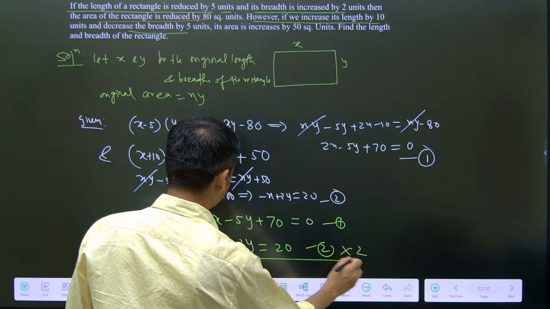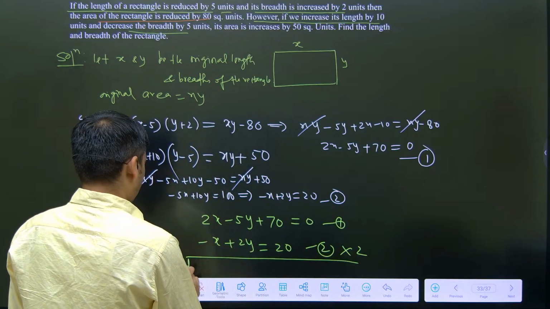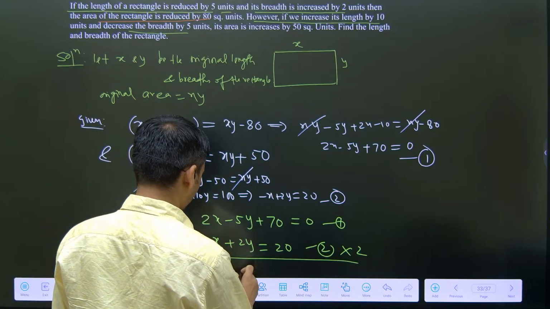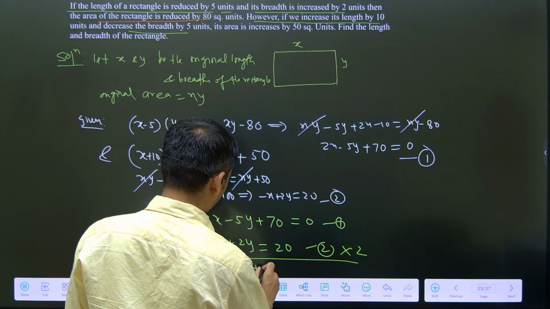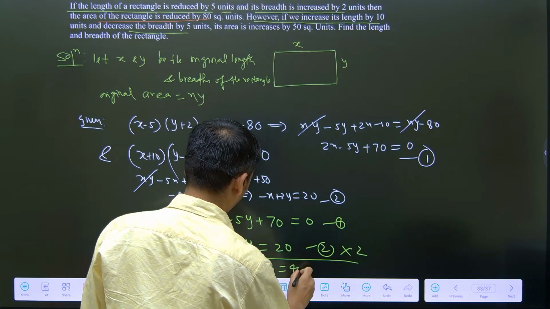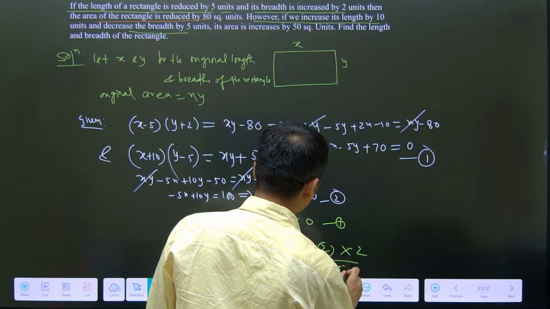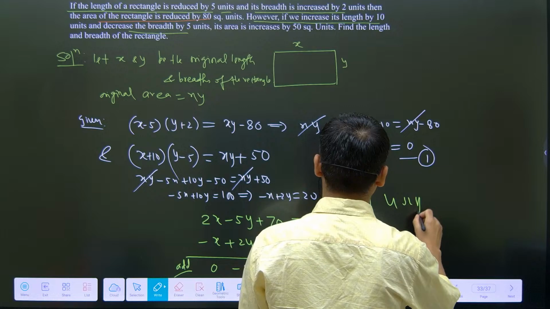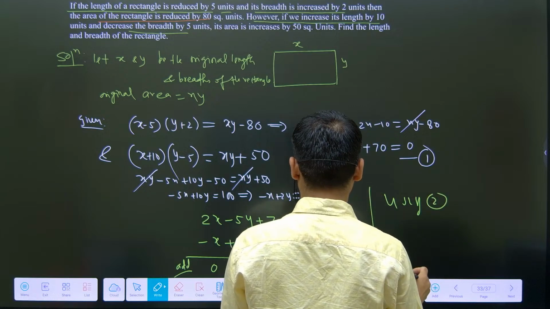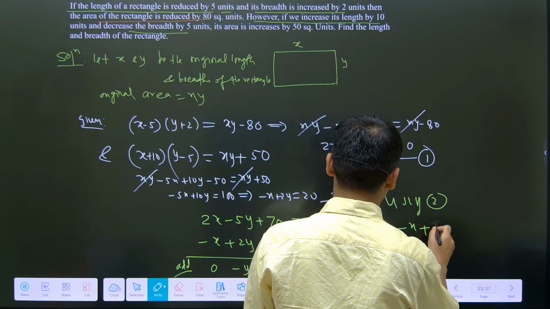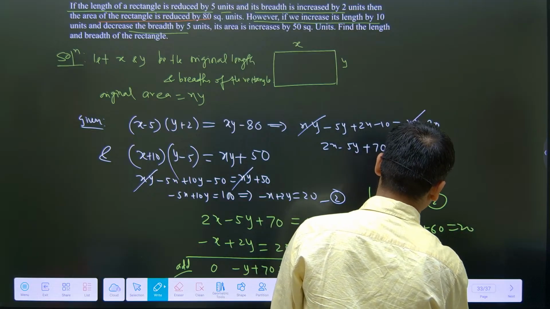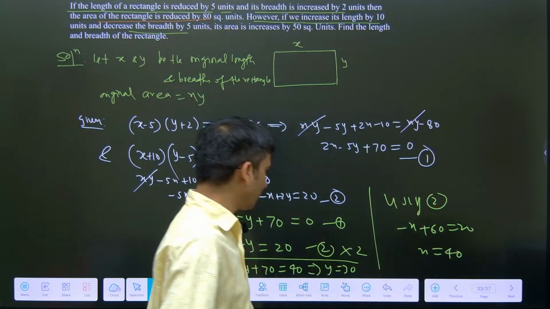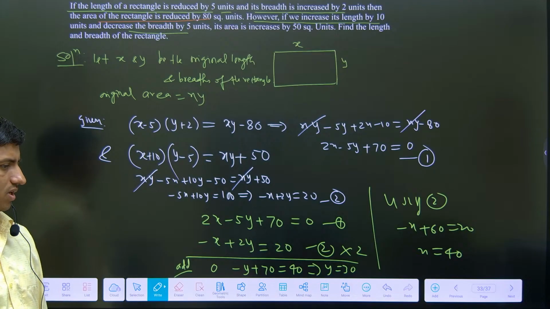And add. y is 30, and using equation number 2, minus x plus 60 is equal to 20. So x is 40. So the original length and breadth were x is equal to 40 and y is 30, guys.